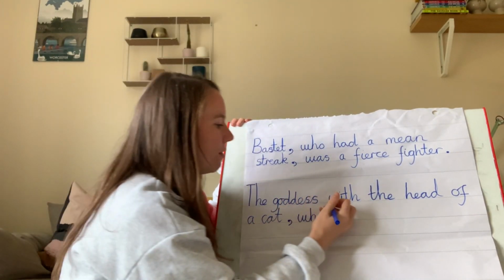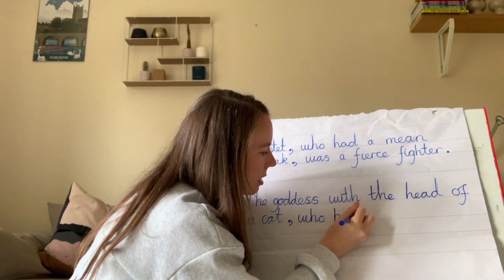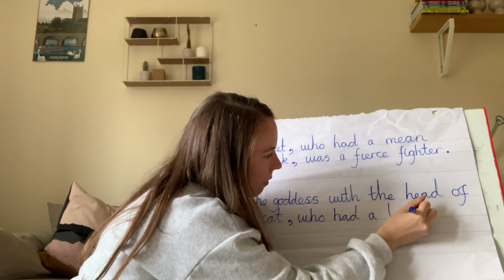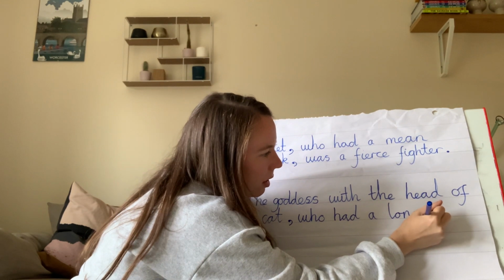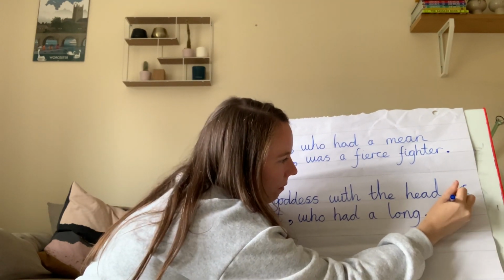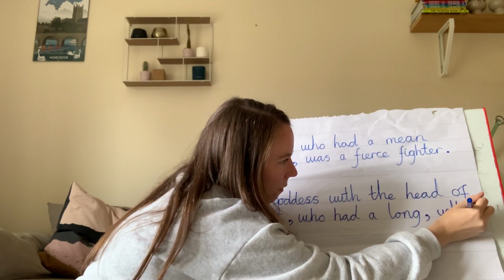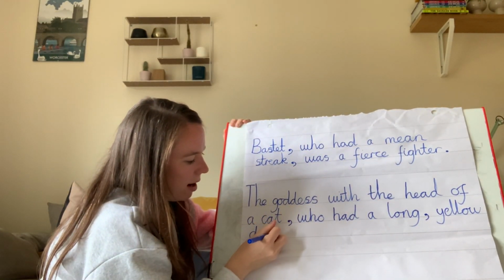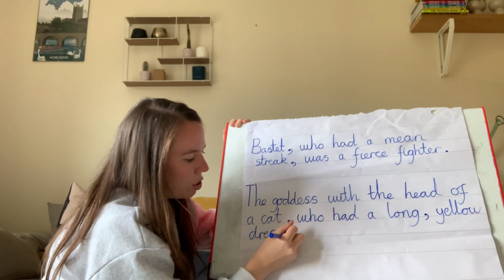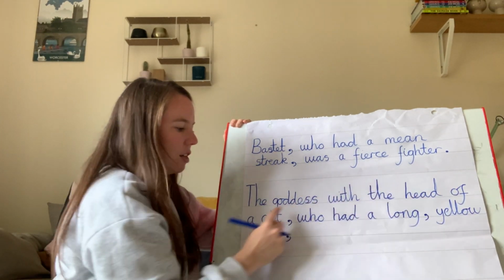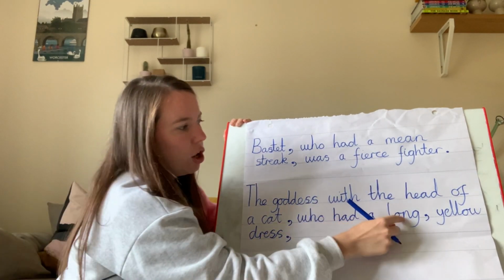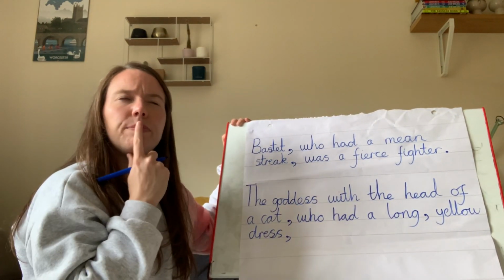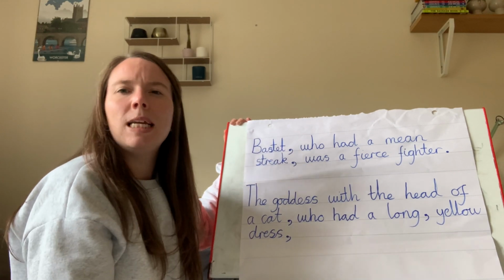The goddess with the head of a cat who had a long yellow dress. That's the end of my relative clause, so I need to put a comma. I'm going to talk about what they believed she would bring to them.